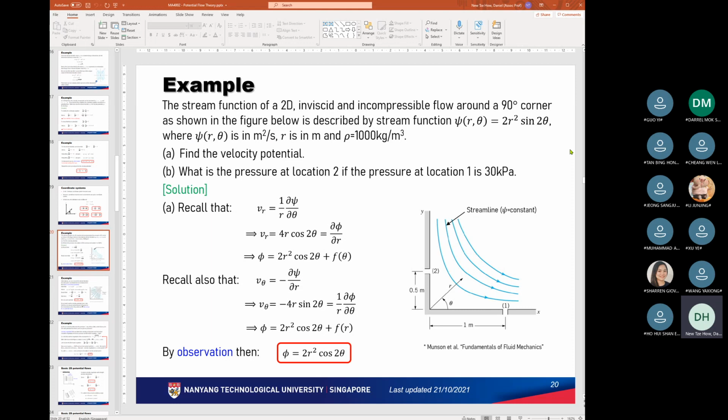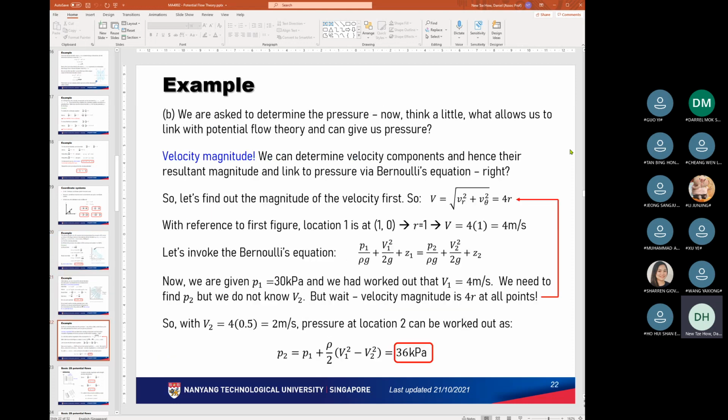Now if you take a look at V theta, once again, it's derived as a partial differential of the stream function, and this stream function once again refers back to the general stream function. So in this case, this velocity magnitude V actually describes the velocity everywhere, rather than just along the wall.